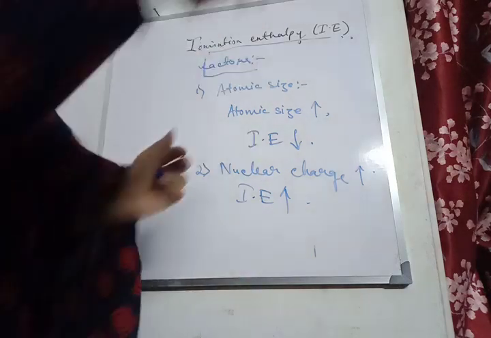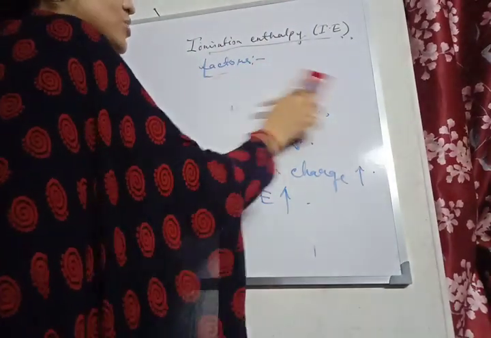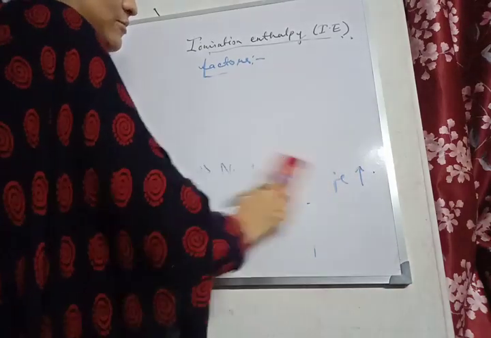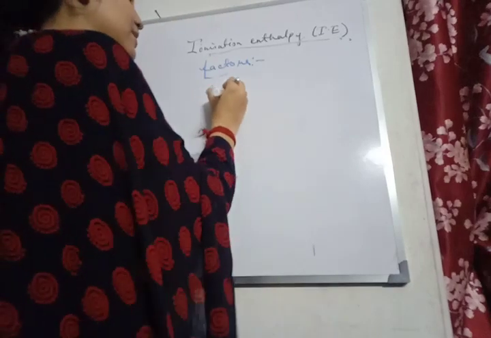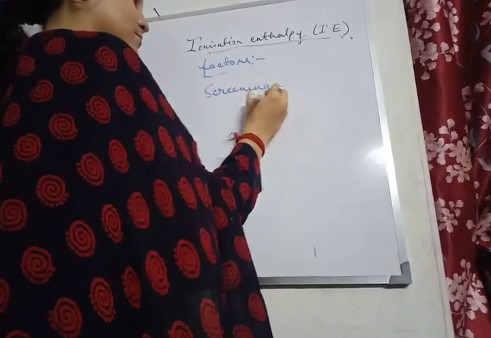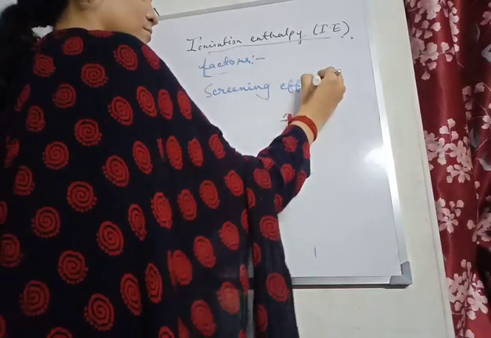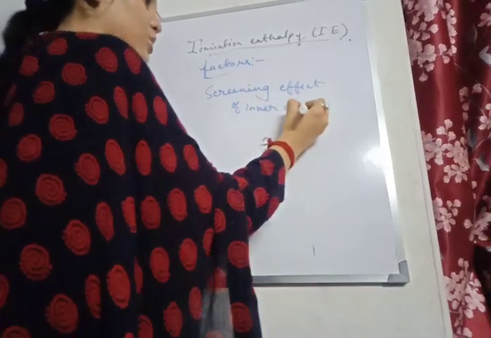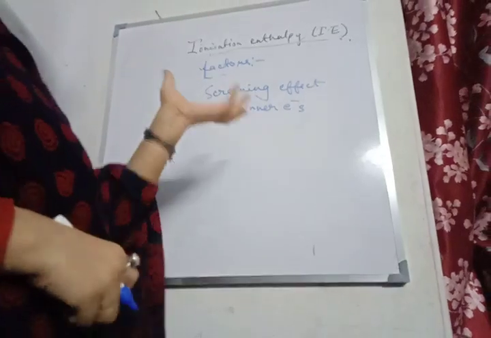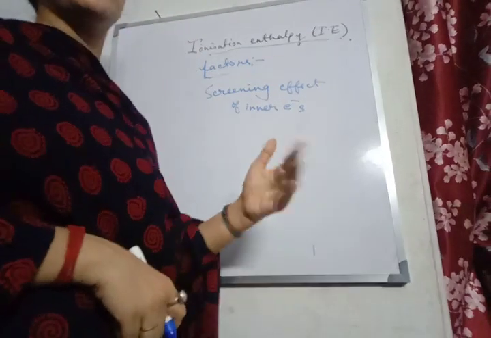Third is your screening power or screening effect of inner electrons. Screening effect means what? It is the tendency of the inner electrons to screen the nucleus from the outermost shell.